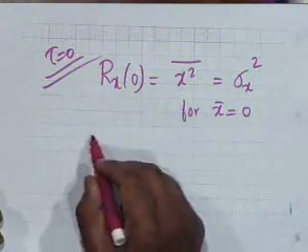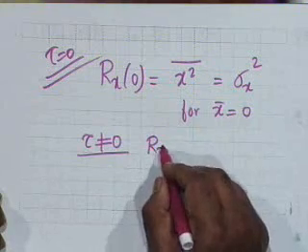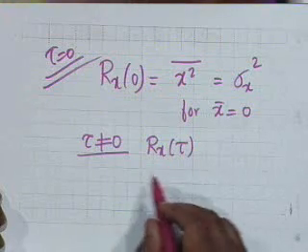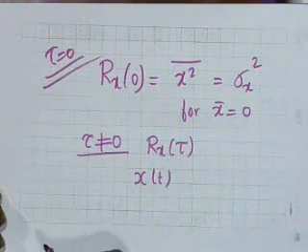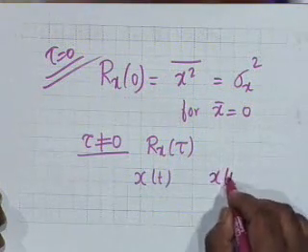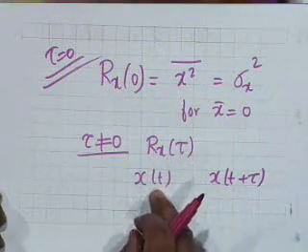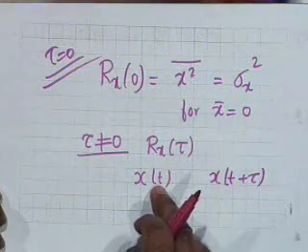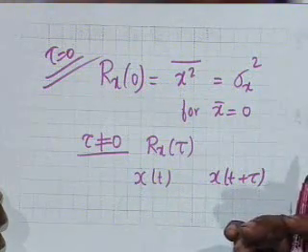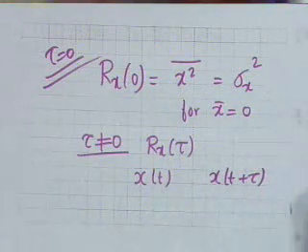If tau is not equal to 0, then the physical interpretation of Rx of tau is how much of the waveform of x of t is retained in x of t plus tau. Well, if it was a deterministic signal, not a random time function, obviously all of it would have been retained, isn't that right? The wave shapes would not have been different.